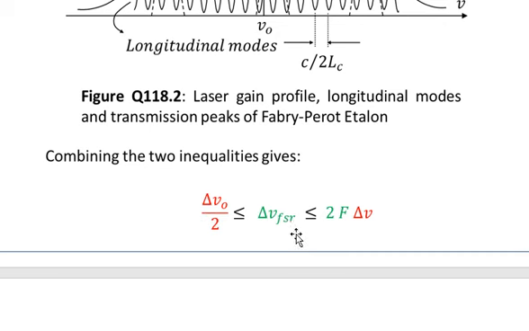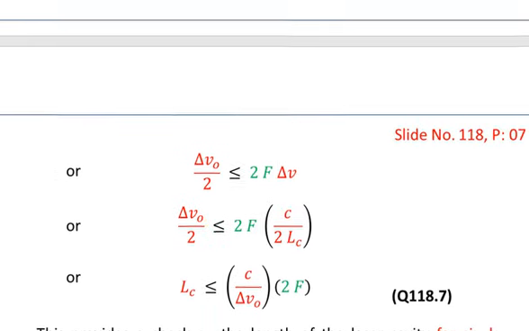So if this condition is satisfied, that delta nu FSR is greater than the half width of the gain profile but less than 2 times F times delta nu, then of course you would be able to select only a single wavelength, a single longitudinal mode, in an effective sense.